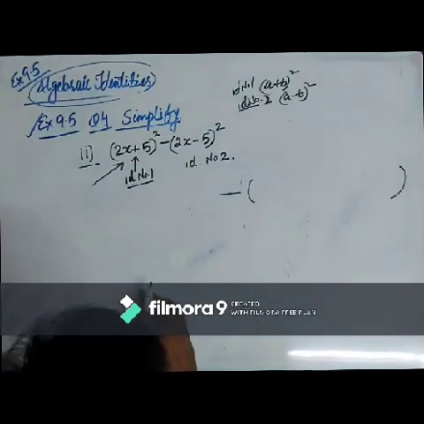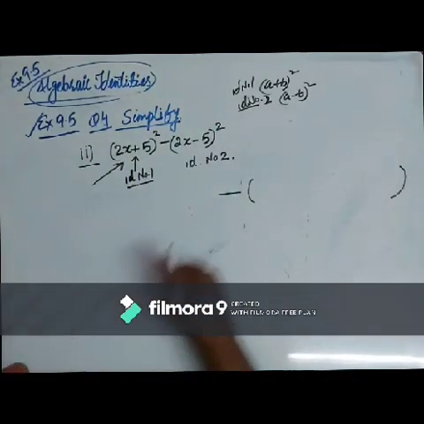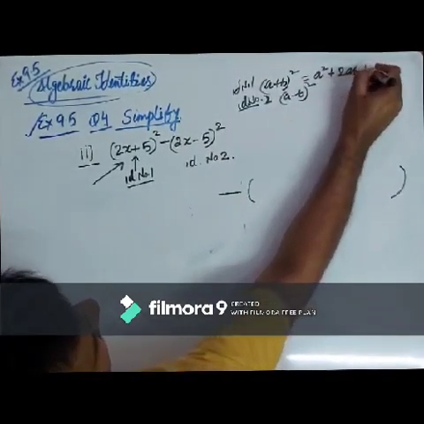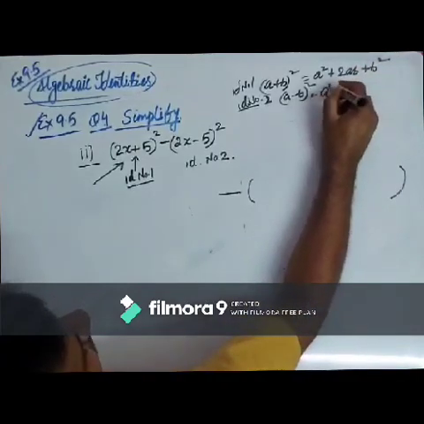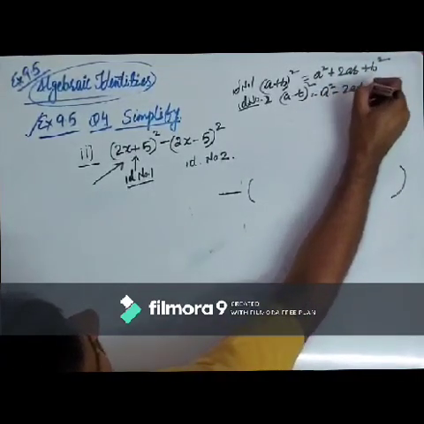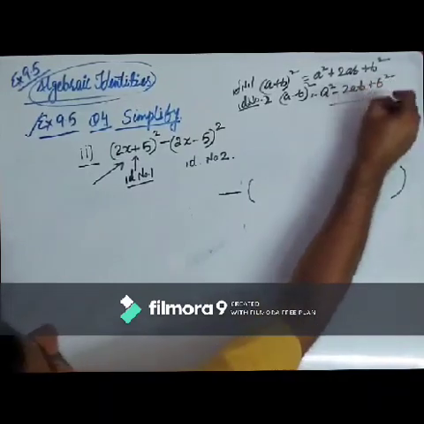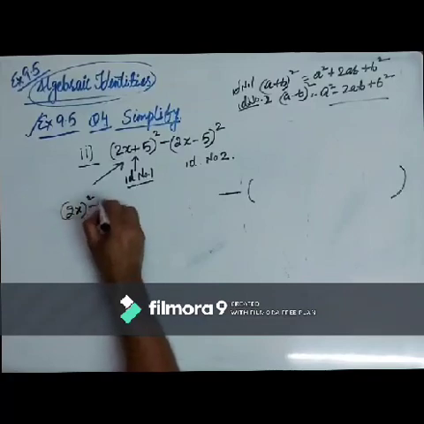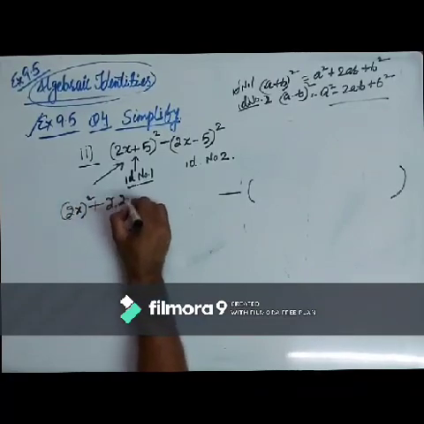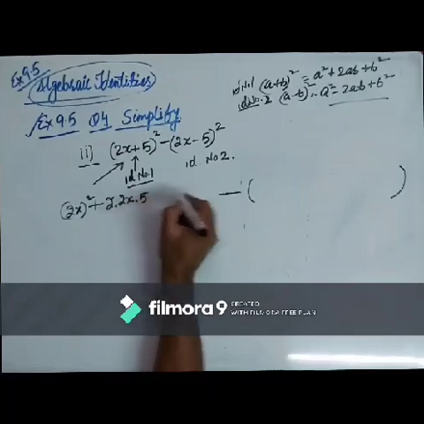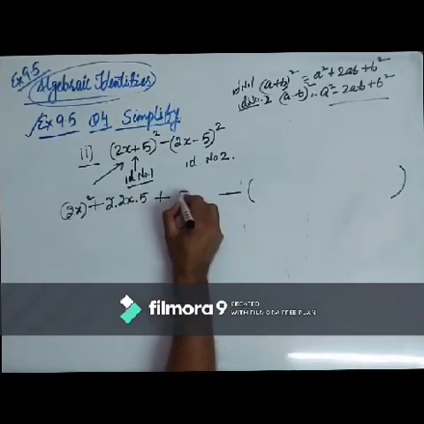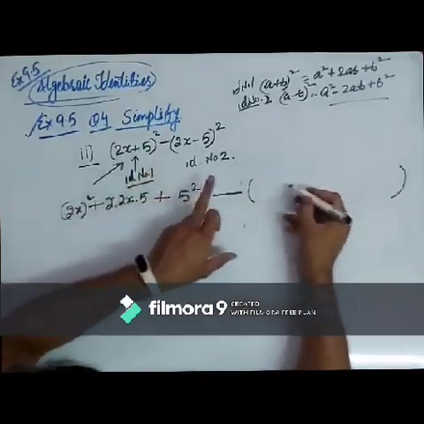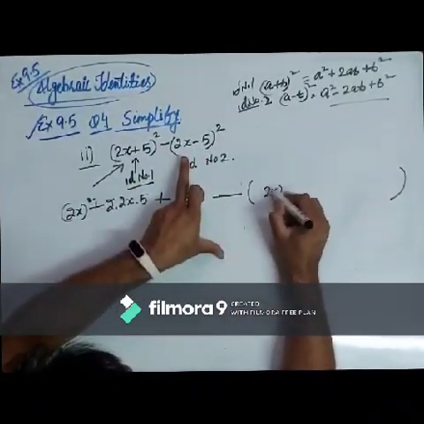identity component, a 2x plus 5 whole square, in the open format, that is a square plus 2ab plus b square, and this is a square minus 2ab plus b square. So if I take, this is 2x whole square plus 2 into 2x into 5 plus 5 square, then the negative sign, this one, and inside this is 2x whole square.